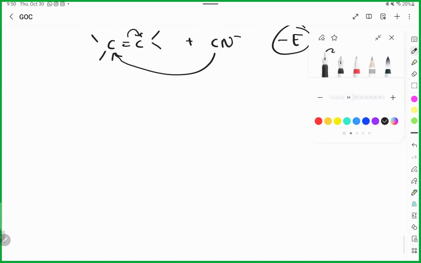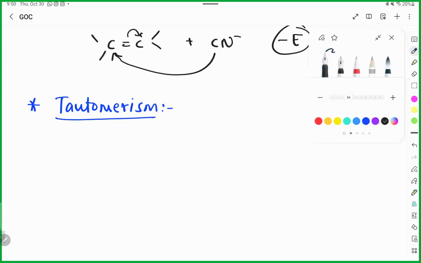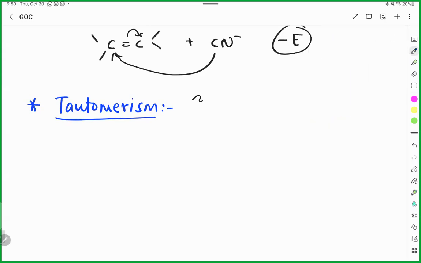Okay. And the last topic. Actually, tautomerism is a very big topic, but because we are doing just a simple revision, this is also known as keto enol form. How does it happen?